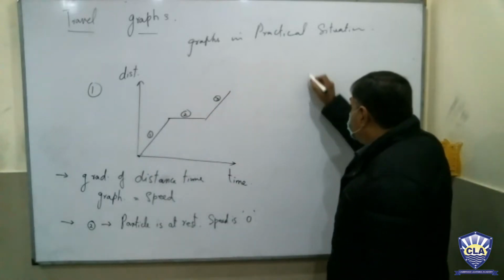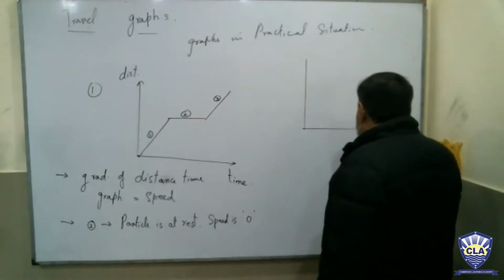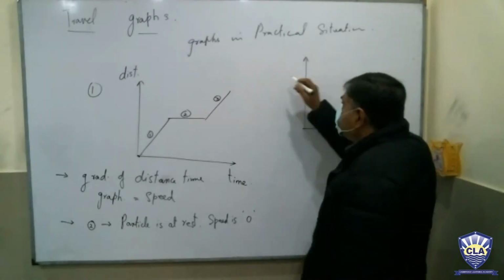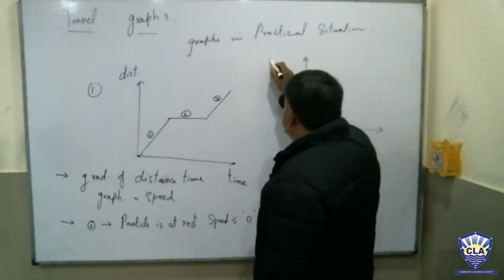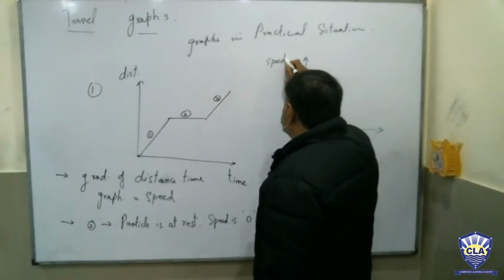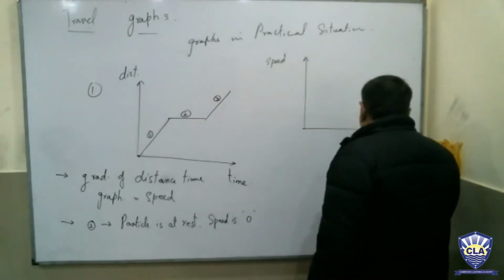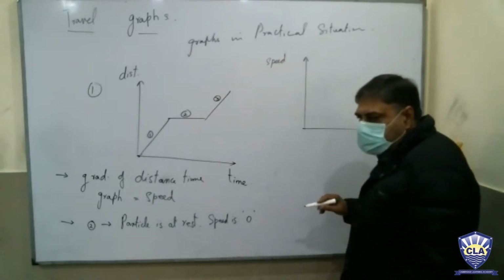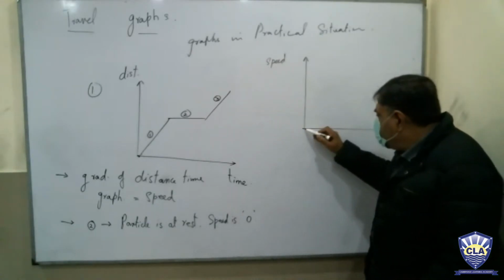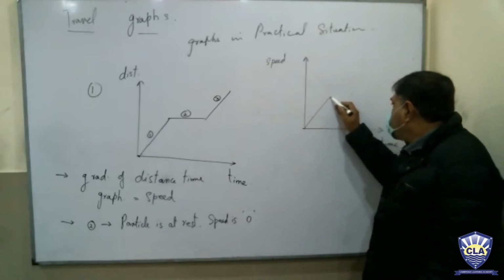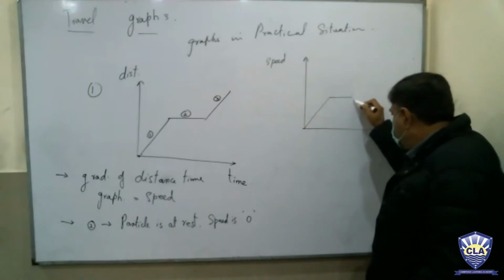Okay children, now the velocity time graph or speed time graph. Speed and time. Speed time graph. Situation 1, situation 2, and situation 3.